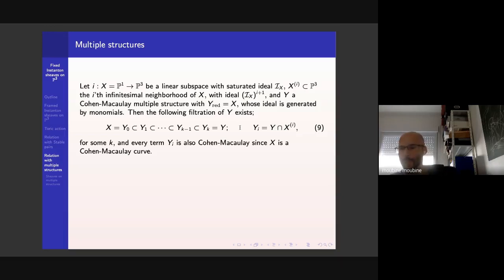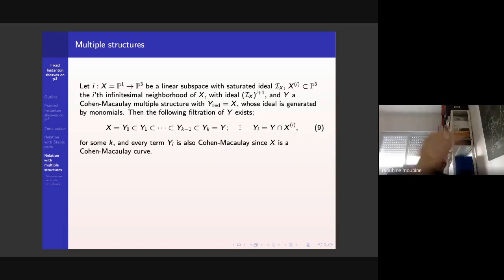Because these rank 2 instantons come from the ones on S4, so they are related to the ones studied on surfaces by the Hitchin-Kobayashi correspondence.